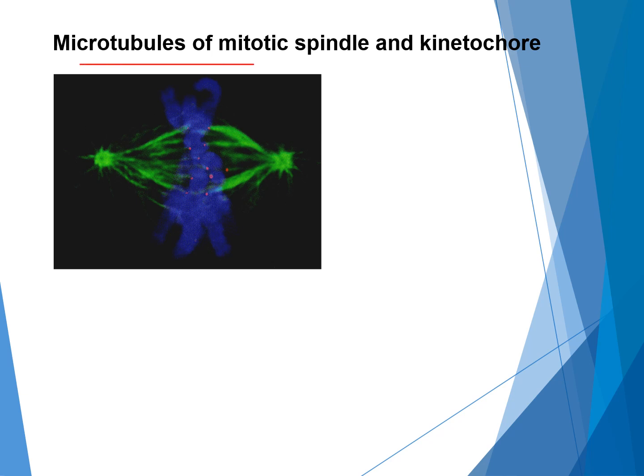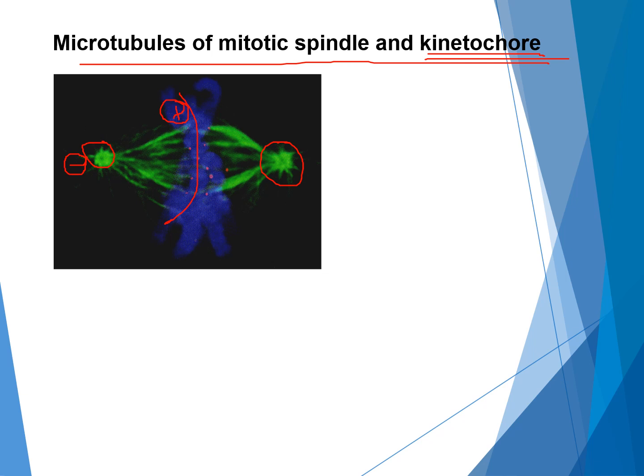Microtubules is important for the mitotic spindle and also the attachment at the kinetochore. So that means at the kinetochore is the positive end, while this is the centriole, is the negative end. Okay, so this is positive, and while over here is the negative end.